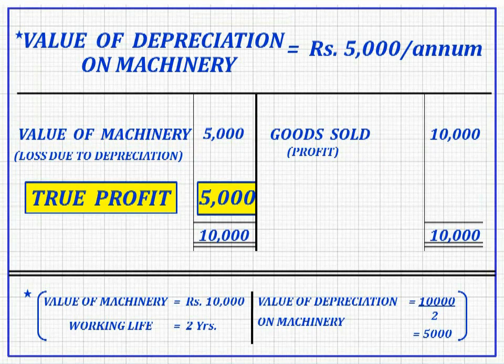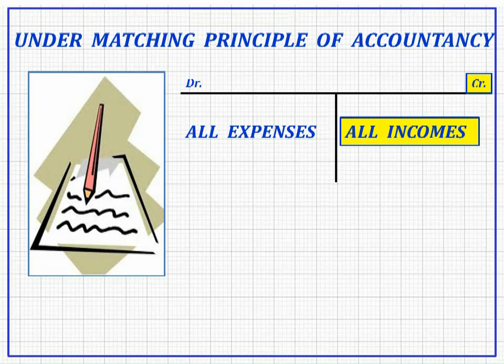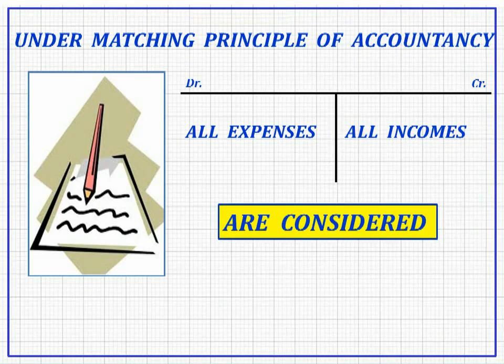So in this way, if you don't consider the value of depreciation, you won't be able to calculate the true profit of the company. Under the matching principle of accountancy, you have to consider all the expenses and all the incomes during the year.